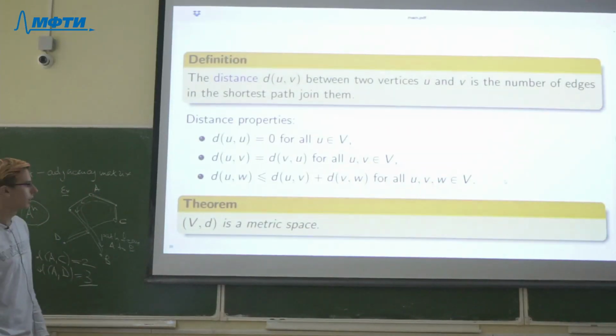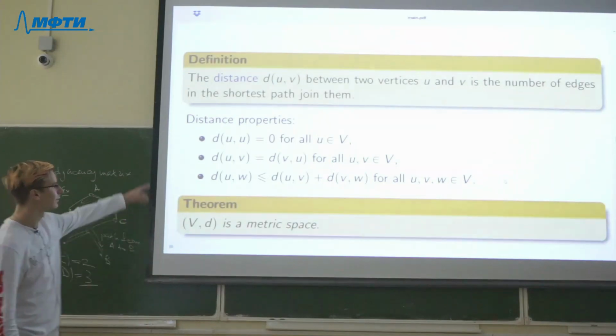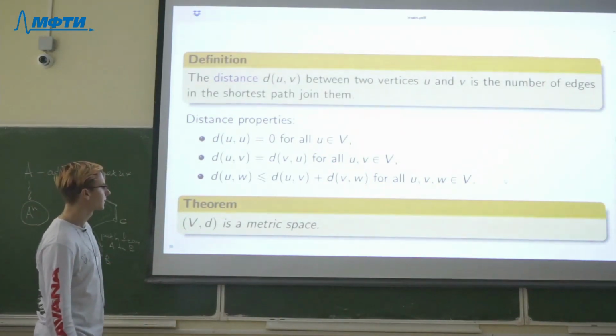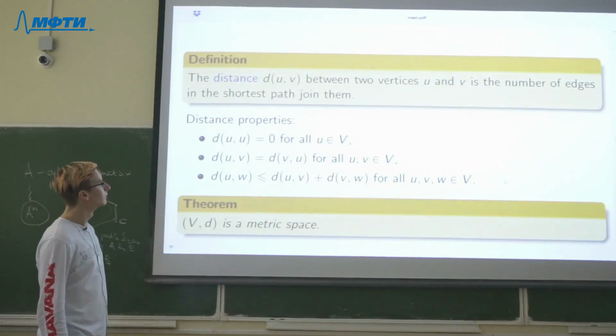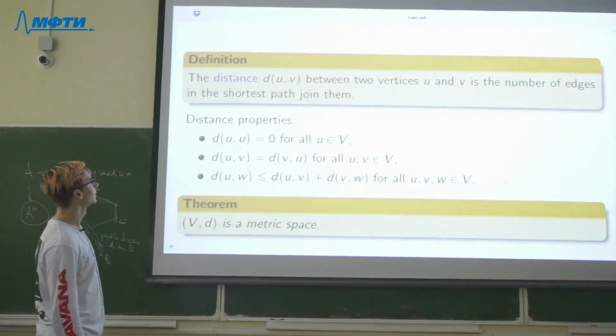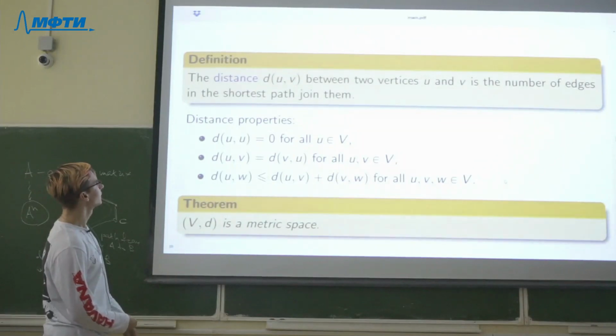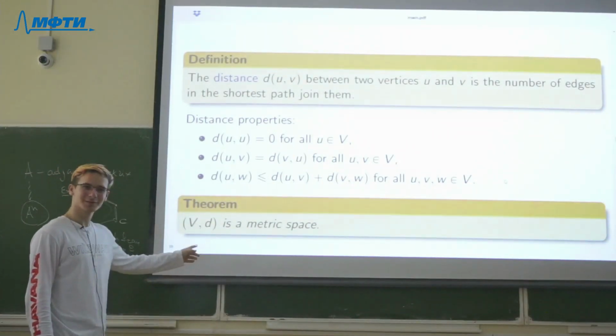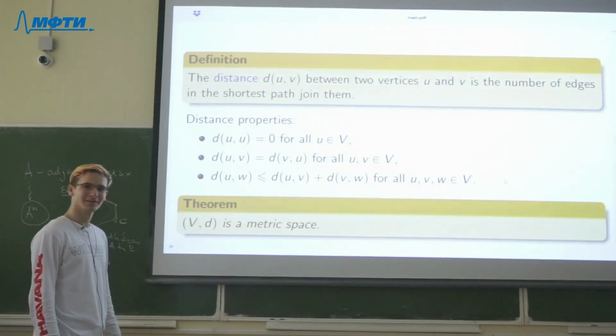And there are 3 properties that say that vertices with this function is a symmetric, a metric space. Do you know what is a metric space? Yeah, that's the question. Why? The metric space, you mean the definition.